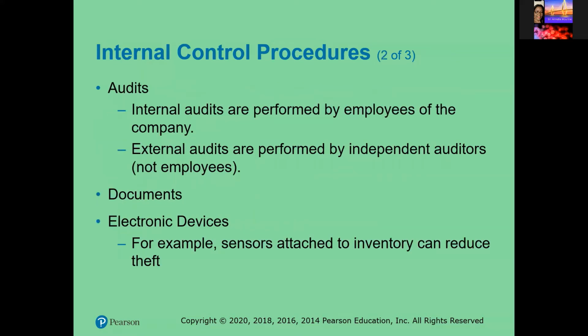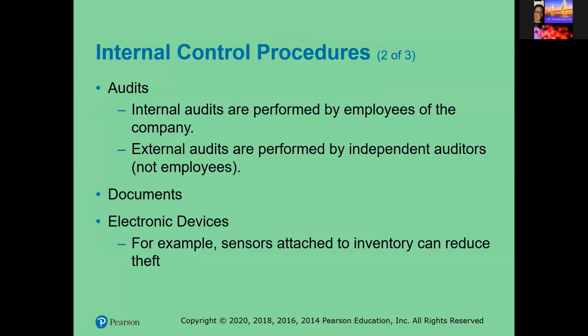To assess the adequacy and accuracy of their accounting records, most companies perform both internal and external audits. Remember that an audit is an examination of a company's financial statements and accounting system by a trained accounting professional called an auditor.